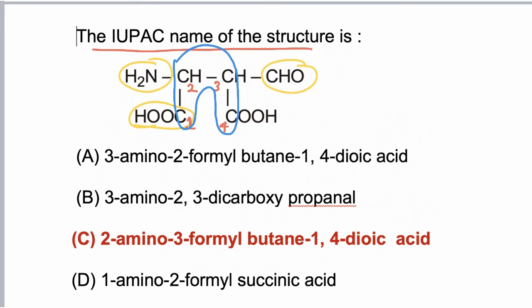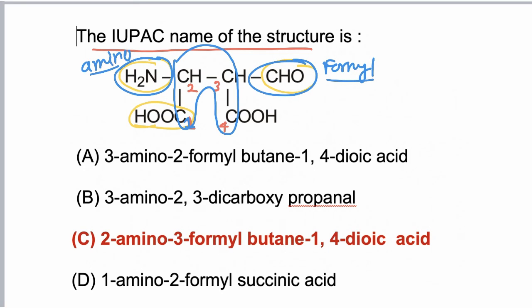Now numbering should be done from that end, where according to alphabetical order substituents present are nearer. So if we start numbering from this COOH, now amino is present at second position and formyl is present at third position. Now amino and formyl both are substituents, and priority of substituent is decided according to their alphabetical order.